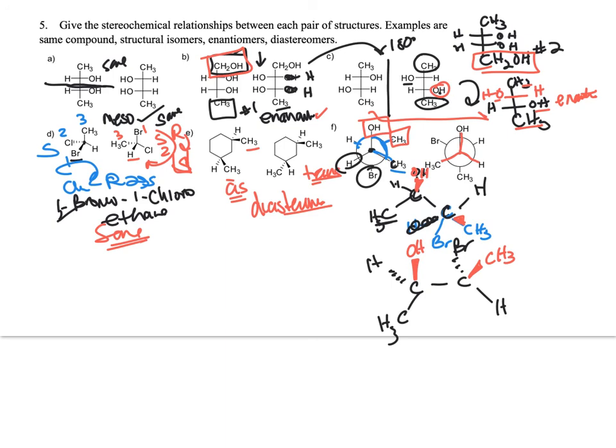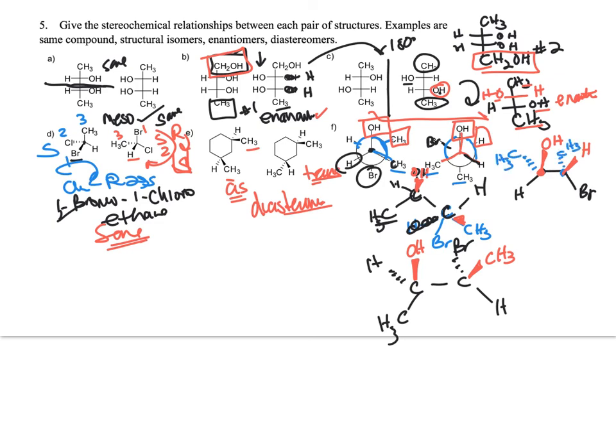And then you could do the same thing here. If you want your plane here to be, this is your plane, you would do hydrogen, carbon, that would be your red carbon. This could be your blue carbon here, and then your bromine here, and then you would make your OH on the same side here. So this would be coming at you, OH, this hydrogen's coming at you, and then these methyls would be going back.